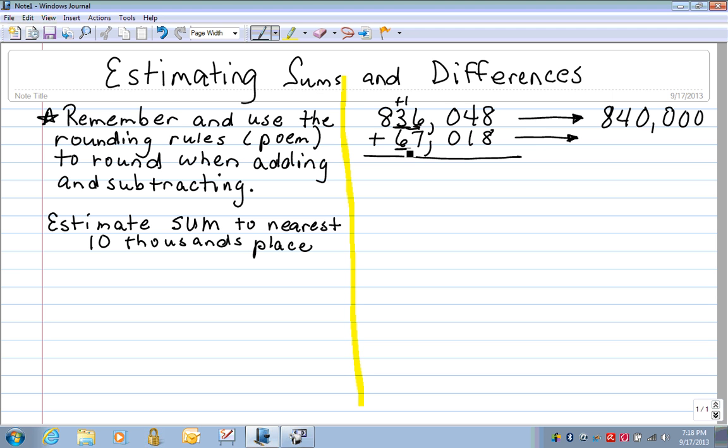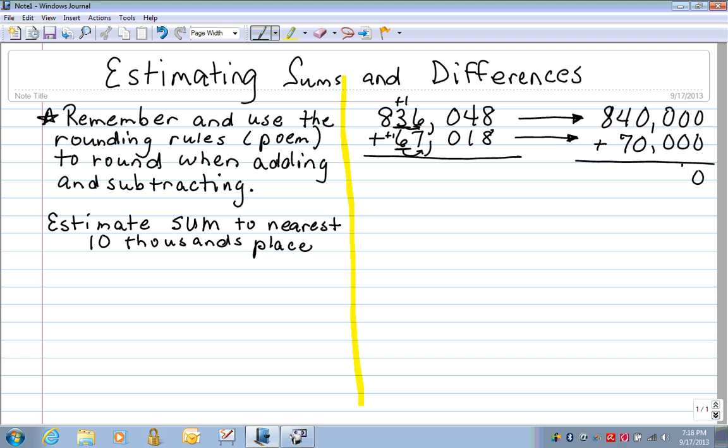Find my place value, 10,000s, look next door. It's 5 or greater, so again I add one more. 6 plus 1 is 7. Zeros for all the rest. So 67,018 rounds to 70,000.